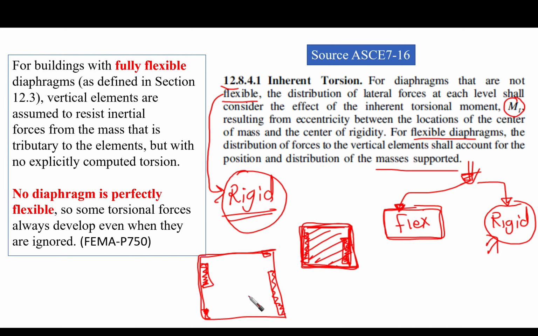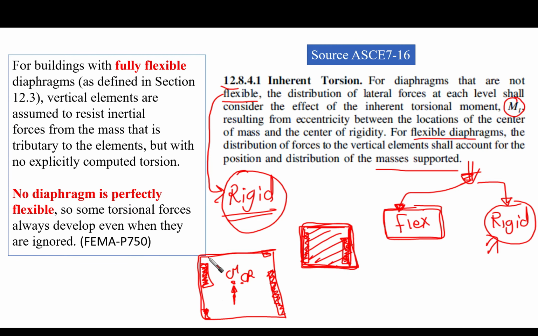If this diaphragm, which is the floor, is flexible, we are not going to assume that the force is coming on the center of mass. If we have the center of mass, Cm, here and the center of rigidity here, and the earthquake force is applied on the center of mass, we are not going to assume that this force is distributed among the lateral resisting systems using the concept of a rigid diaphragm. It will not work like this.